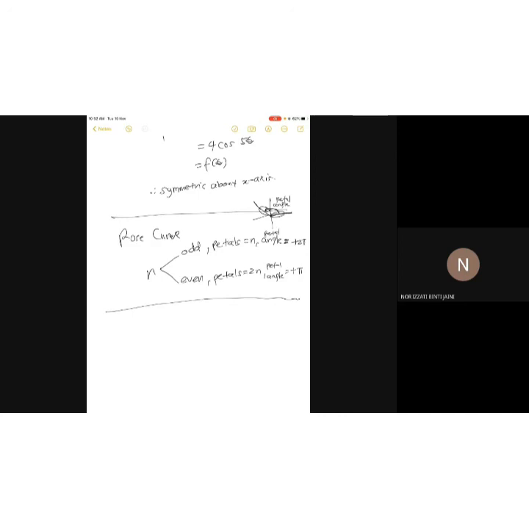Kalau soalan curve, kena buat tangent line? Memang kena tunjuk tangent line tak perlu.